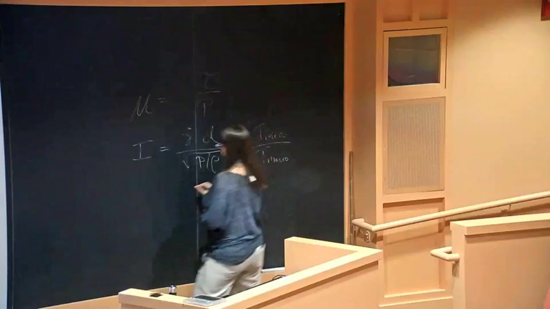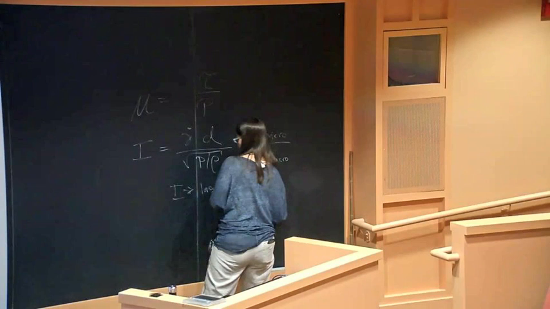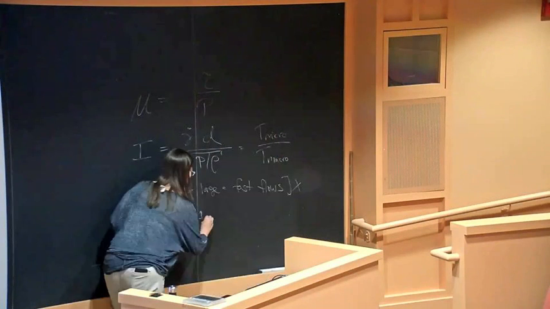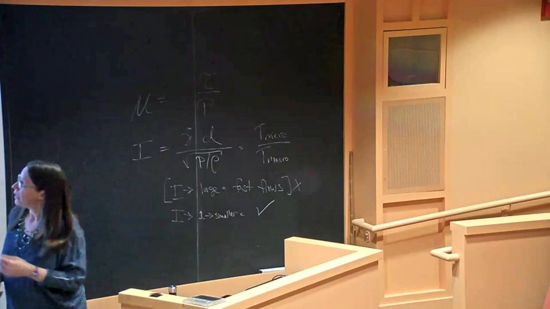I large equals fast flows, and this is what I'm not going to talk about. Okay, and what I'm going to be talking about is I going to one or smaller, and this is what I am going to talk about.